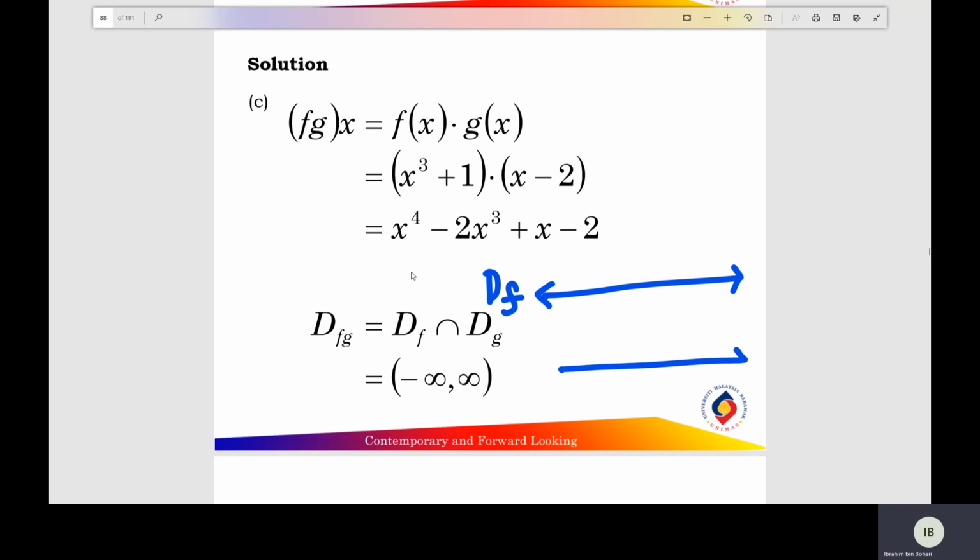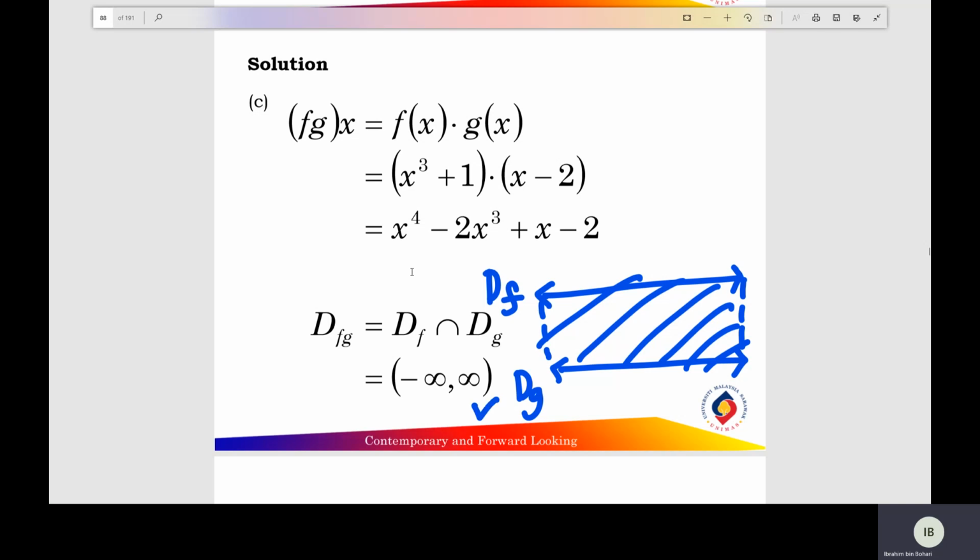And here you find the intersection between Df and Dg. Okay, so you find the domain of f times g and the answer is all the real numbers. Okay, very simple. Using the addition, subtraction, or you find the products of the functions.